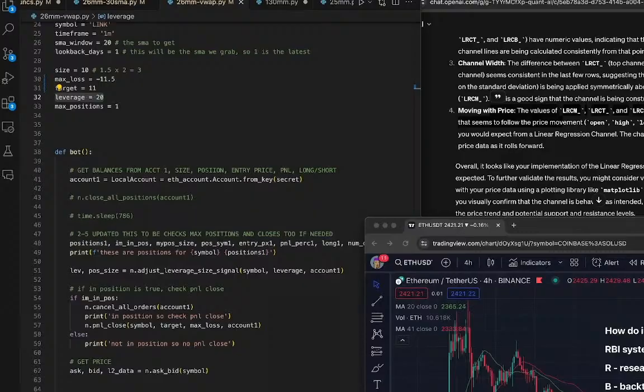So I'm using $15 size, and I could use hundreds of thousands of dollars if I wanted to, but I'm not stupid. I understand the process, so I want to explain that process to you. You research the strategies, you backtest, see if they work in the past. If they work in the past, implement it to a bot with very small size. I don't know what's small to you. You could do $5. It doesn't matter.